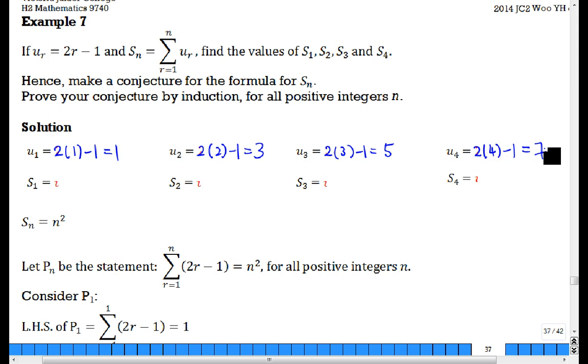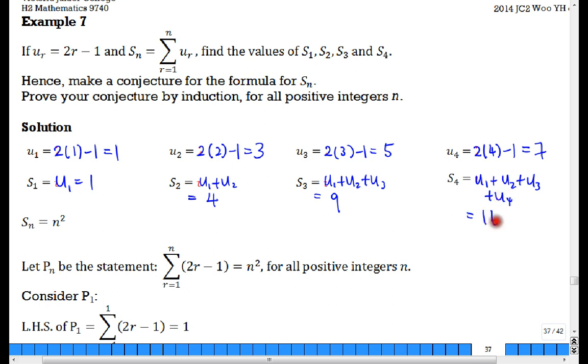Okay, S1 obviously is U1. S2 is U1 plus U2 equals 4. S3 is U1 plus U2 plus U3 equals 9. S4 is U1 plus U2 plus U3 plus U4 equals 16.